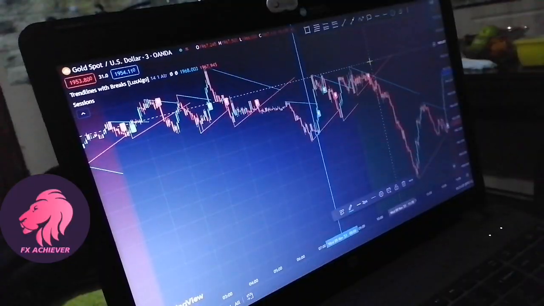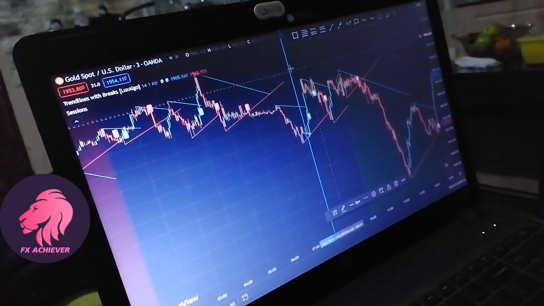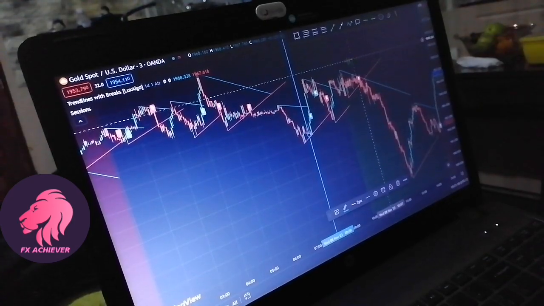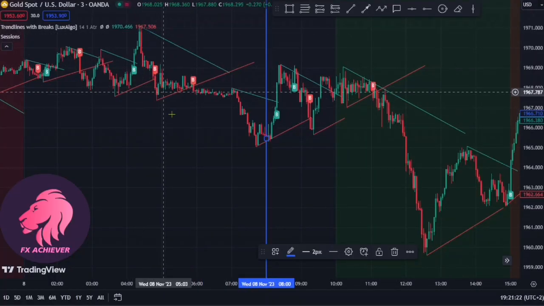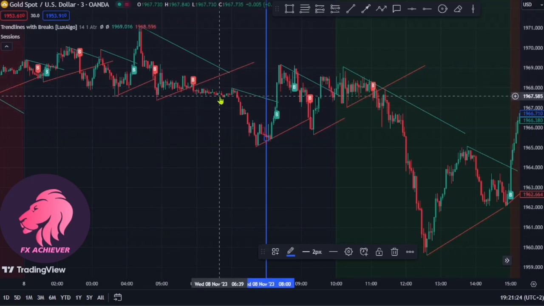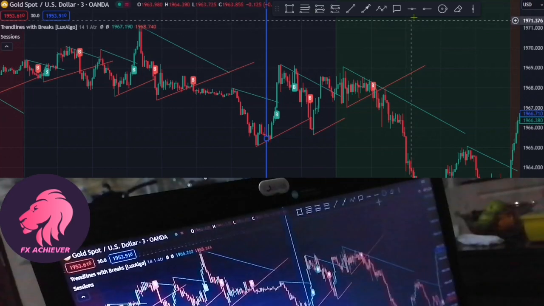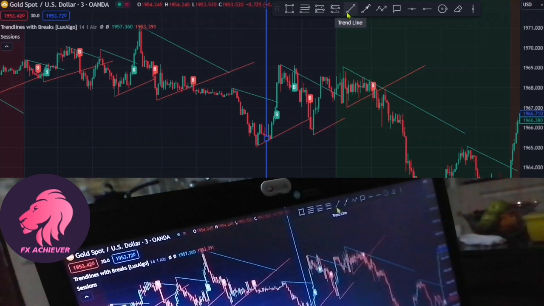So when I start trading, I look at the structure and I make sure that I look for the higher highs, the higher lows, lower highs, etc. You know the drill. I don't have to go over everything as a tutorial.